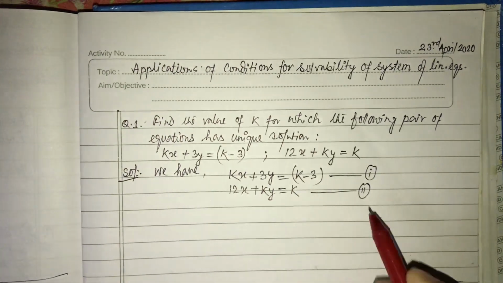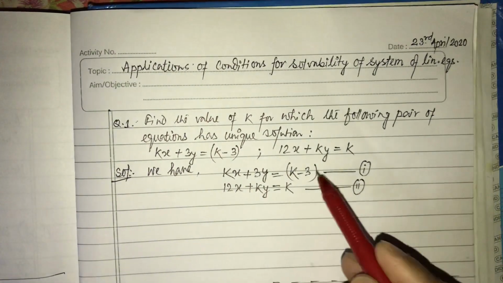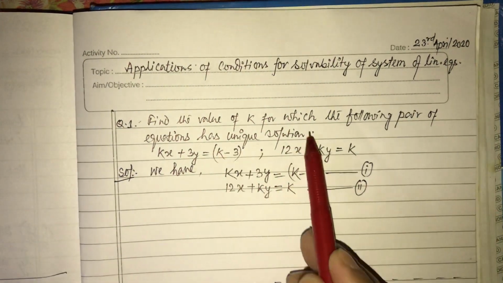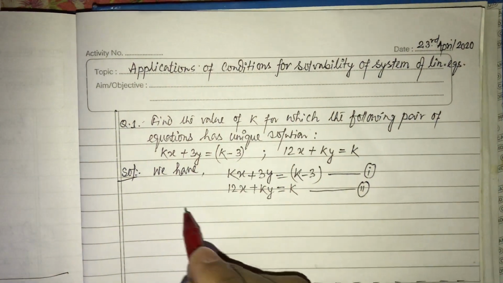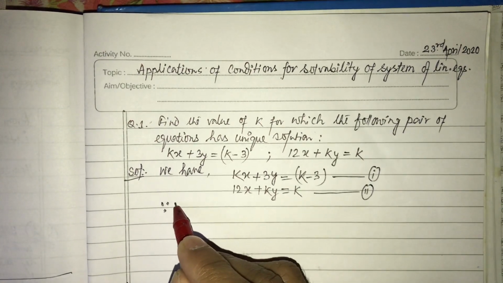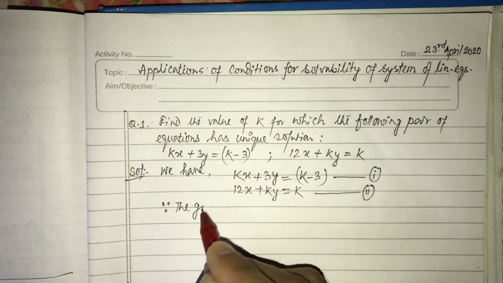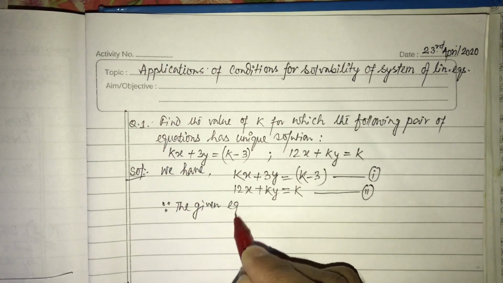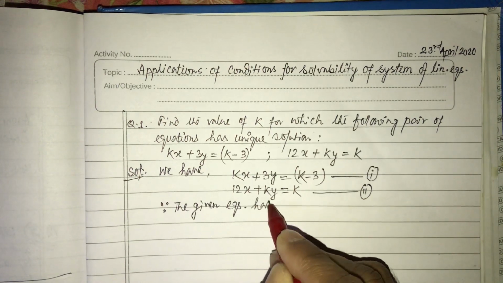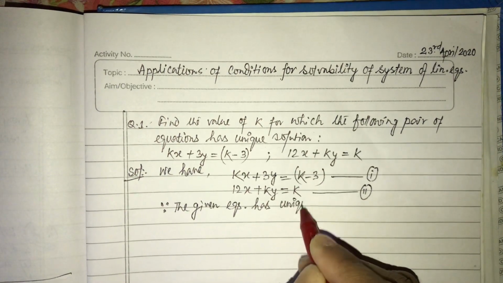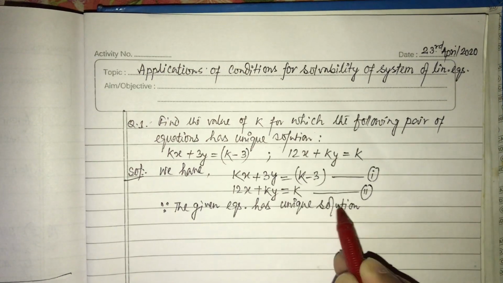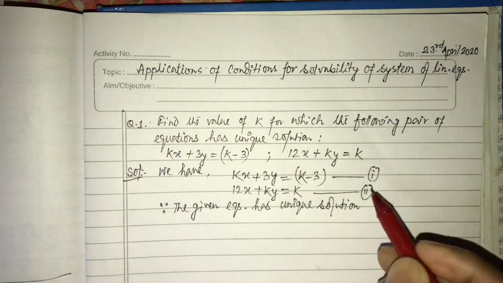After writing these equations we go for the condition. The condition is unique solution. So we write: since the given equations have a unique solution. This condition we must write, it is given here.